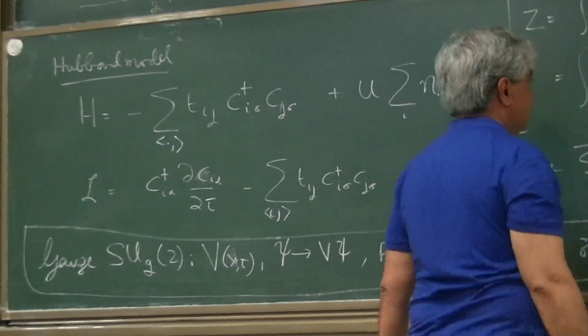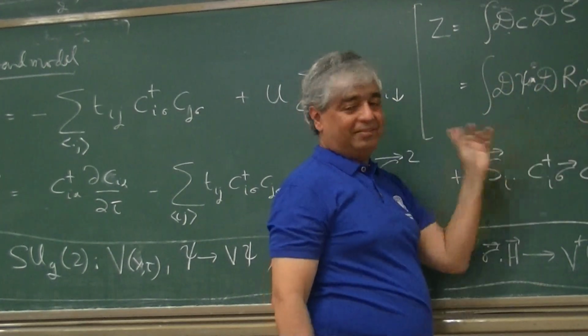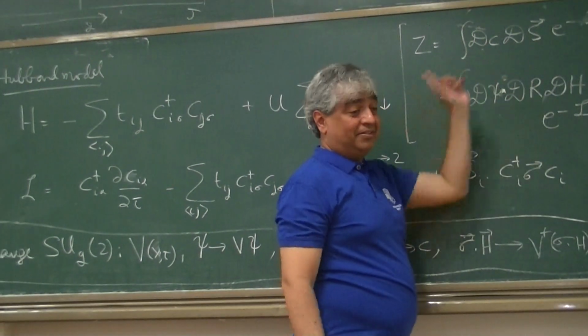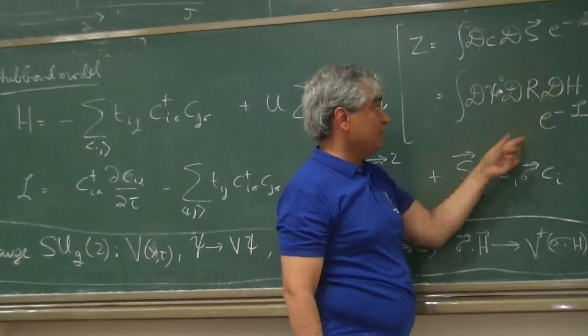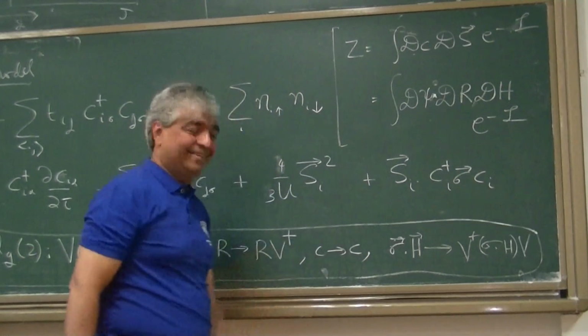This is one more degree of freedom, and so this has a redundancy, an extra path integral you have to do, so it's a gauge theory. It's an SU2 gauge theory. Okay?